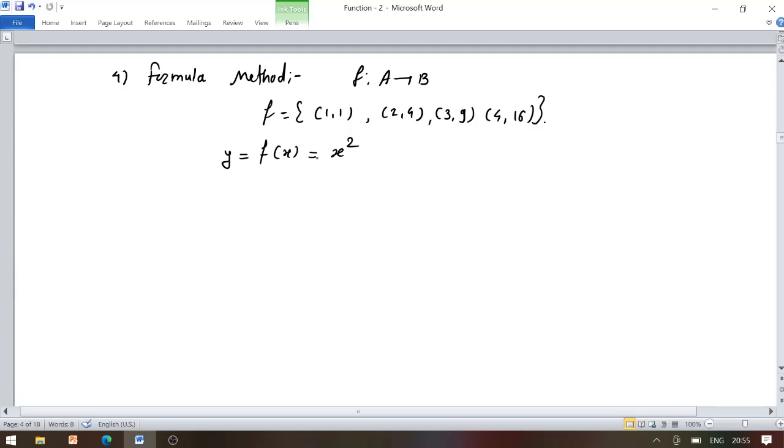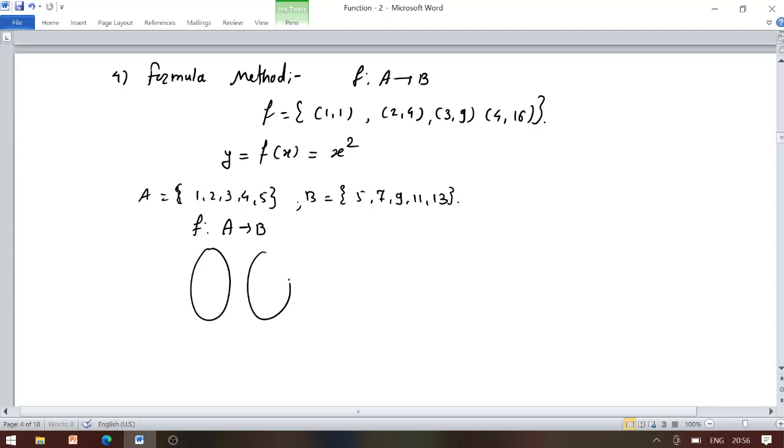On the same basis, suppose we have set A having elements 1, 2, 3, 4, 5, and set B having elements 5, 7, 9, 11, 13, and f be the function from A to B. We will represent it using the arrow diagram first, then the formula method.